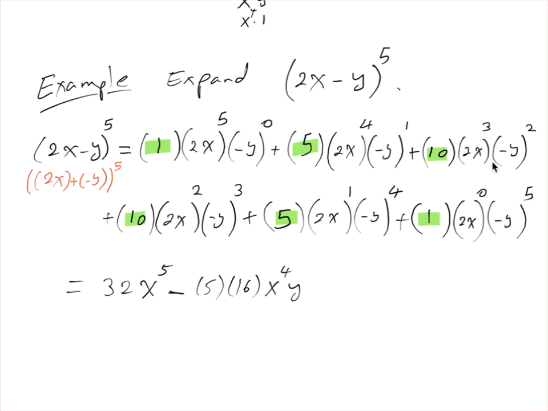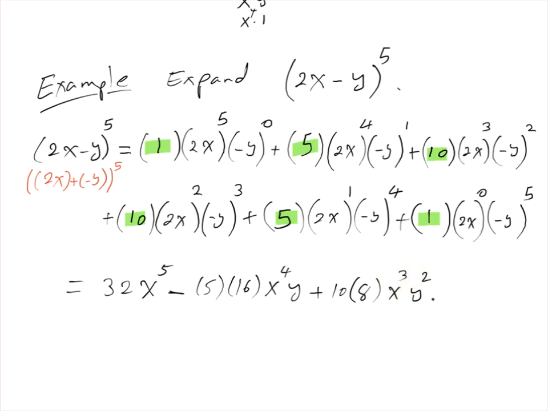And then the next one, negative y squared, that will be positive. Now you have a 10 times 2 to the 3rd power times x cubed. So that will be 8 times x cubed y squared.